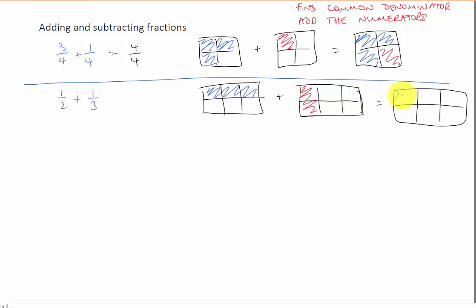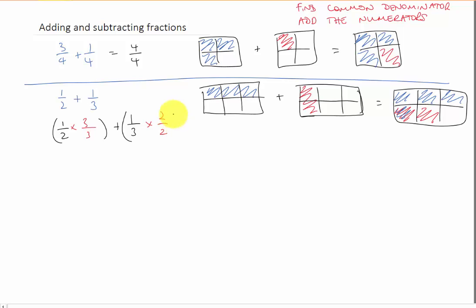So we've got 1, 2, 3 plus 1, 1, 2. So using arithmetic, what we would do is to do 1/2 times 3/3 plus 1/3 times 2/2.